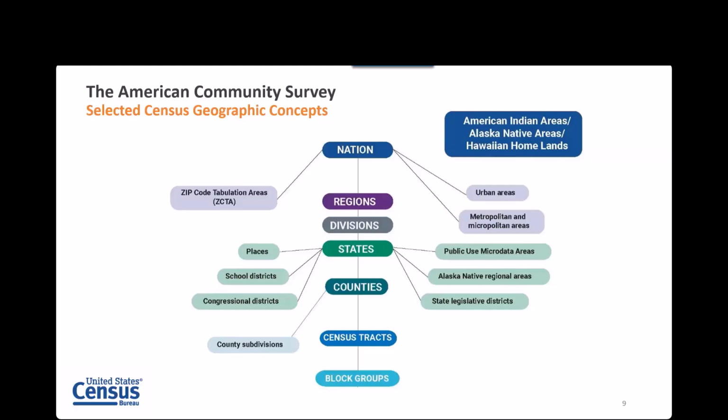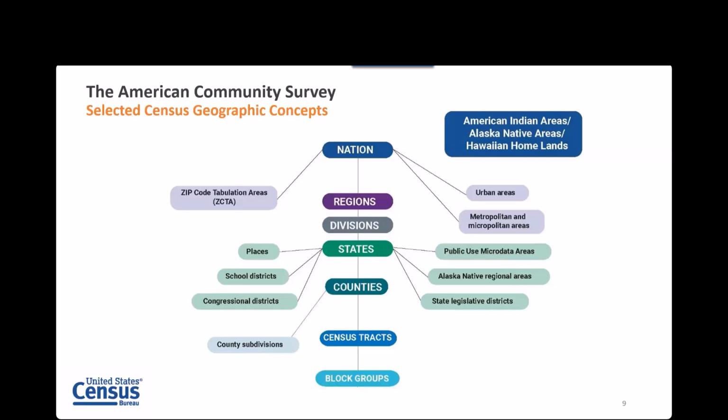So these lower geographic areas fit neatly within the larger areas directly connected by the lines. For example, the school, congressional, and state legislative districts all fit neatly within states, and they don't cross any state boundaries. But they could cross boundaries of other types of geographies. They can cross the boundaries of counties or metropolitan areas.